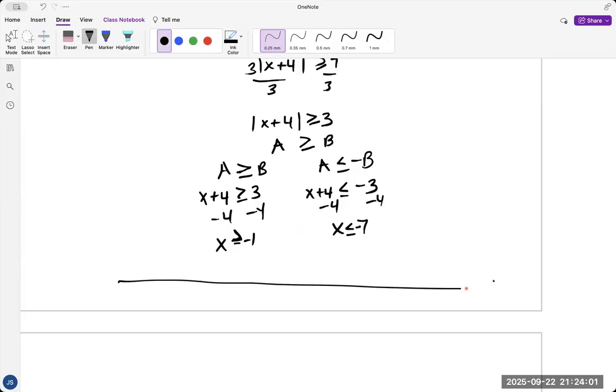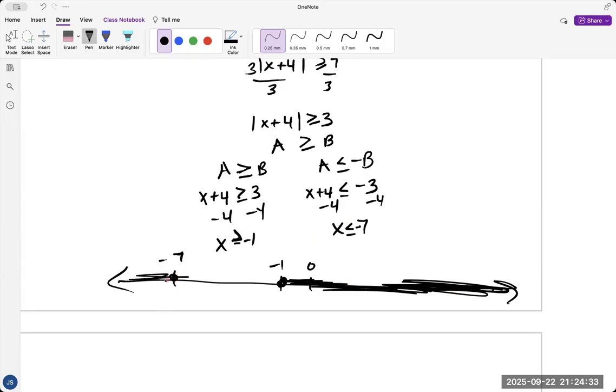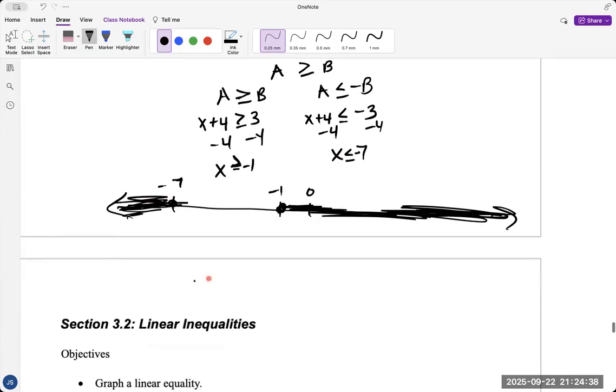So if we look at a graph, values greater than -1, so you have 0 right here, and then you have -1 right here. So this is shaded, the -1 is included because it's equal to, and all values greater than -1 are going to be shaded. And then this one says all values less than -7, so you have -7 here, and shaded all values less than -7, so over here. Those are our two regions, so how do we write that in interval notation?